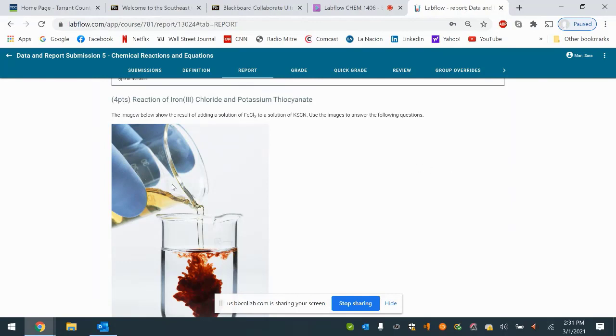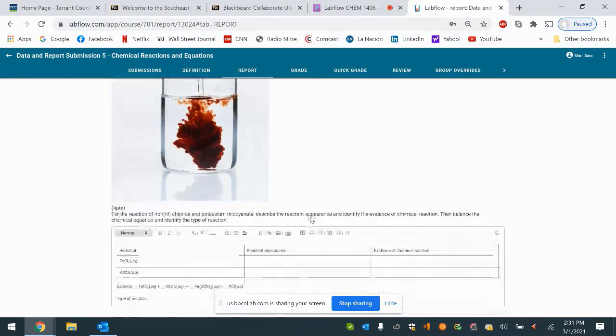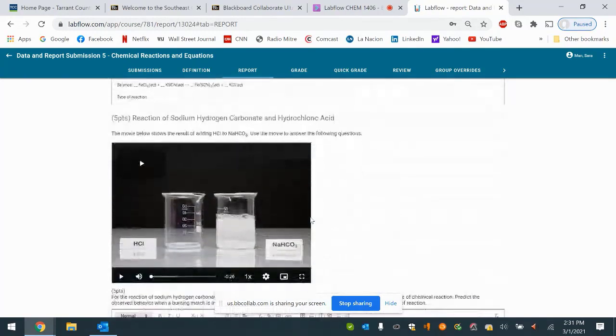It's also telling you, the image below shows the result of adding a solution of iron chloride, which means that what the person has in his hand, the clear yellow, is the iron chloride, and the colorless solution is the potassium thiocyanate. And then what happened when you mix that? That is clear evidence of a chemical reaction. So that will be easy to complete.